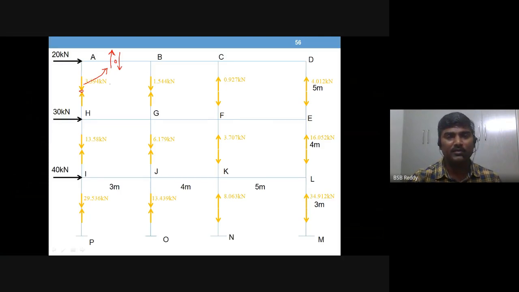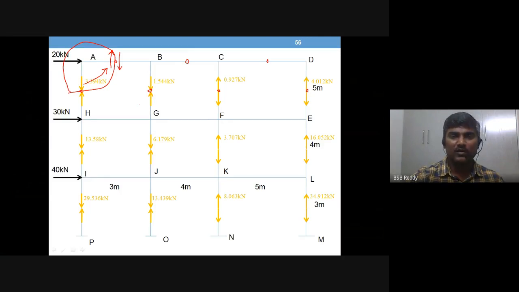Same as the earlier case, you take free body diagrams, so many free body diagrams formed by the point of contraflexures assumed in each member. Now you see, joint A can be separated like this.